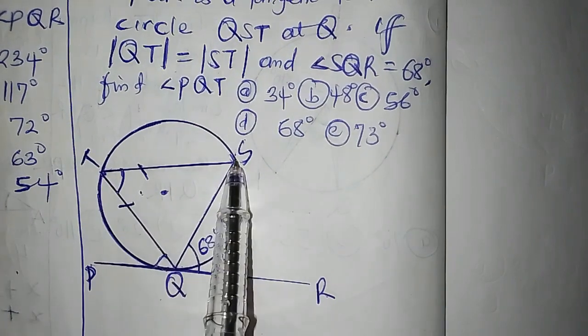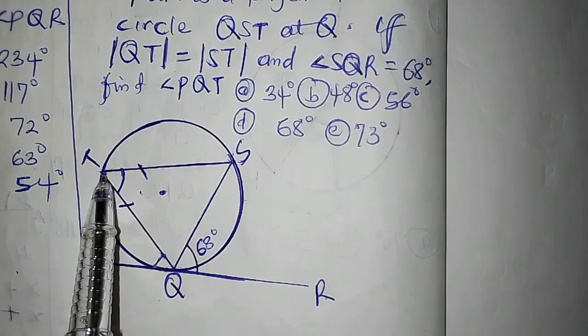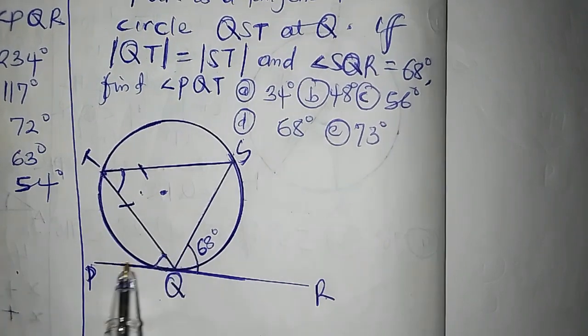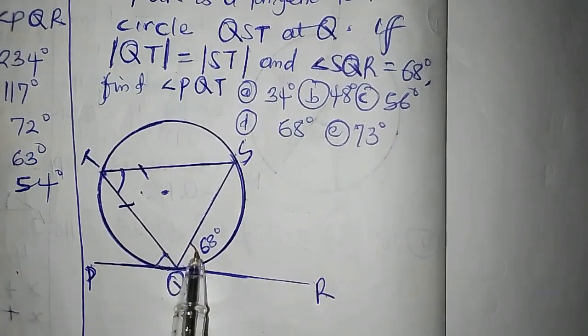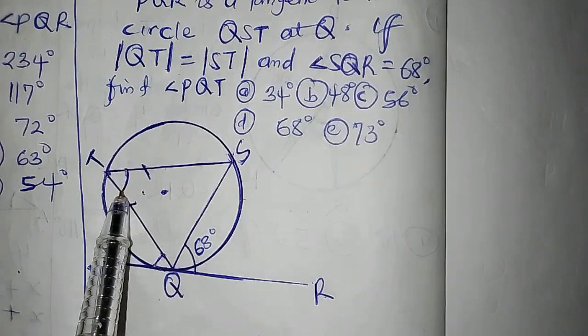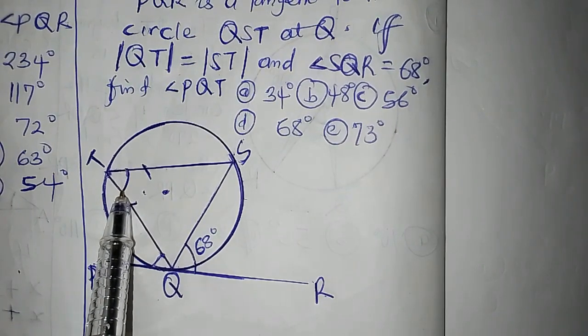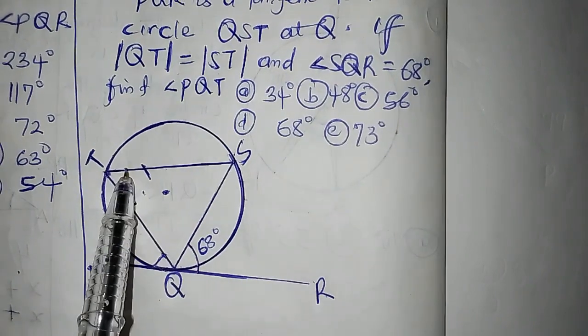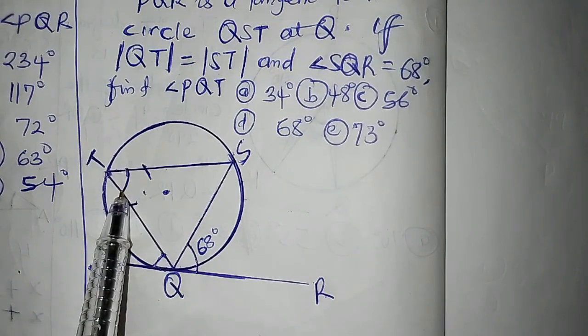So this chord subtends this angle at this alternate segment. So the angle between the chord and the tangent, which is 68, is equal to the one that is subtended at this point in the alternate segment. So since here is 68 degrees, here will also be what? 68 degrees.